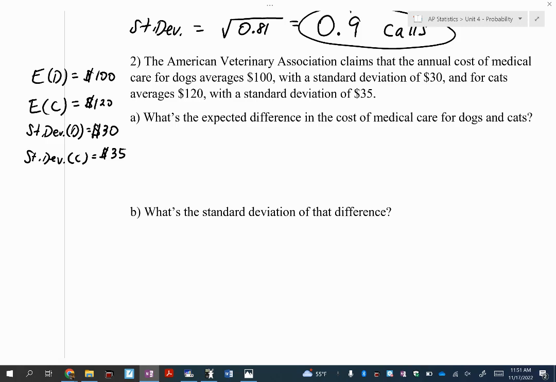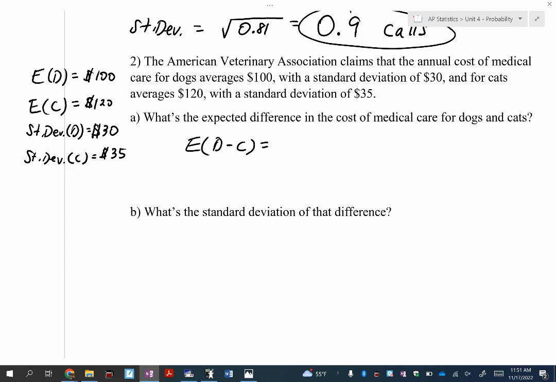So letter A says, what is the expected difference in the cost of medical care for dogs and cats? So here we go, expected value. And what am I doing with my variables? I'm subtracting. It says difference. So I'm going to do dogs minus cats. Don't get bogged down in what I try to focus you on in the notes in the lecture. This is just straight up expected value. This is means.